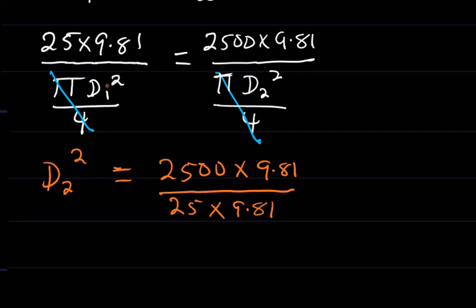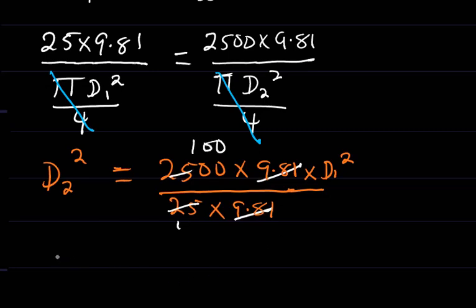Times d1 square. Okay, so we can cancel out 9.81. If we divide 2500 by 25, that's going to be 100.